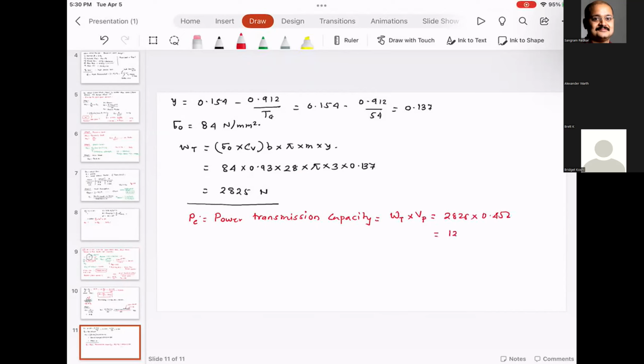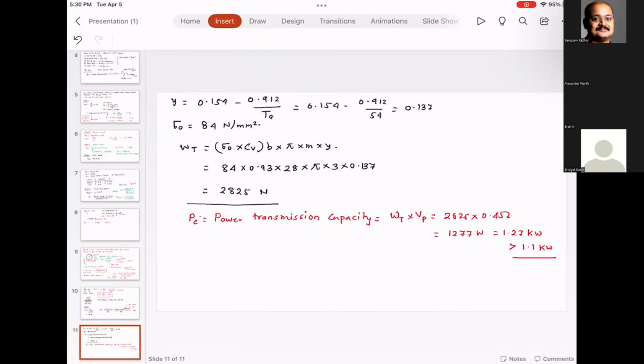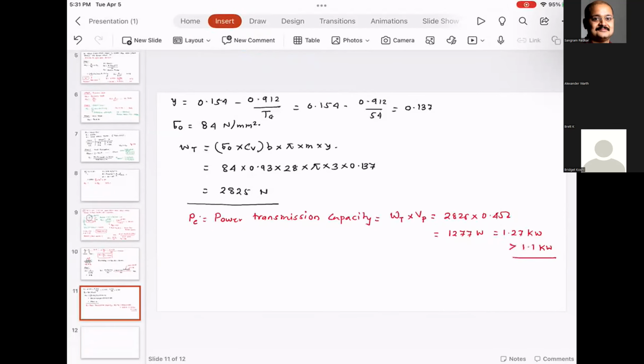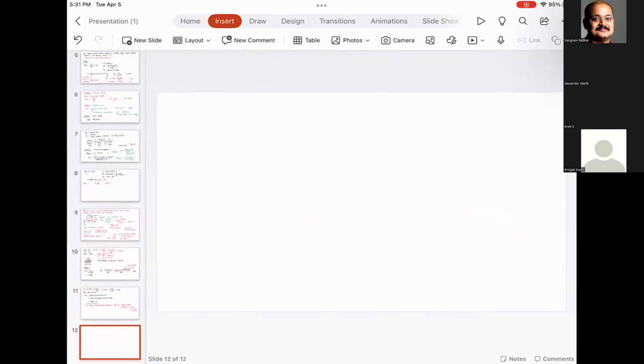That gives you 1277 watts, which is 1.27 kilowatts, which is greater than 1.1 kilowatts, the power transmission that is required. Step 2 is we have to check for the dynamic load.